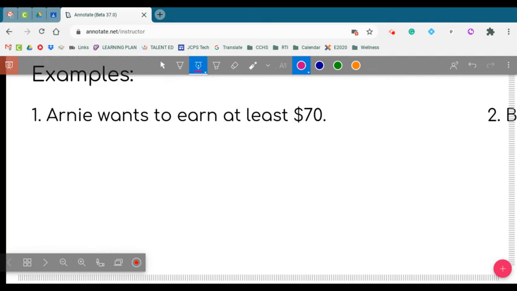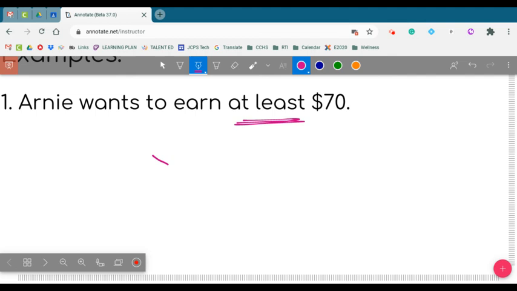Okay, so for each of these, I want you to just think about what the inequality sign will be. If Arnie wants to earn at least $70, can he earn less than $70? Can he earn exactly $70? Can he earn more than $70? If he wants at least $70, that means he wants $70 or more.